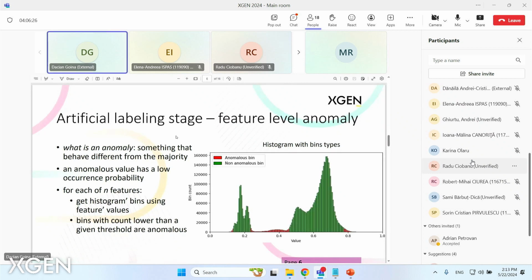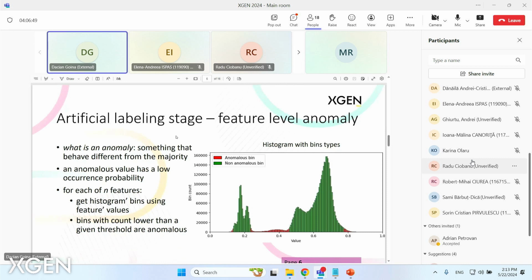And the idea starts from the fact that we do not know what is an anomaly in general. It's just something that behaves different from the others. And in statistical terms, this is like a value with a low occurrence probability.